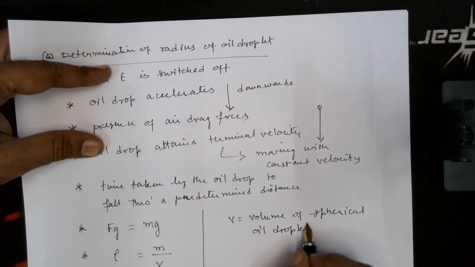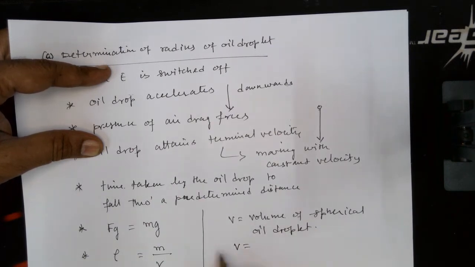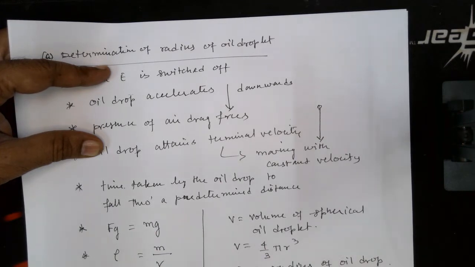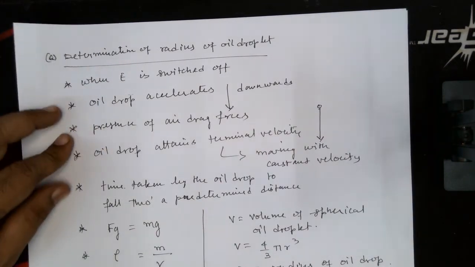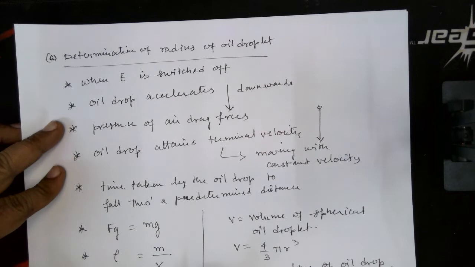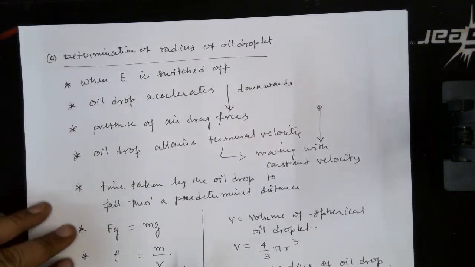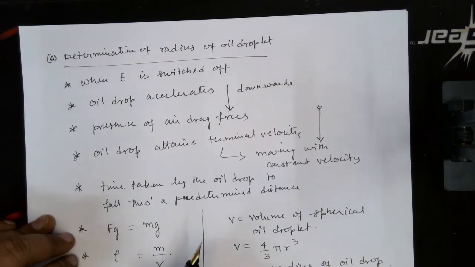Being a sphere, we know V is equal to 4 by 3 pi r cube, where r is the radius of the oil drop. So we can replace this volume by 4 by 3 pi r cube.